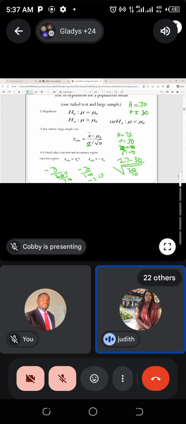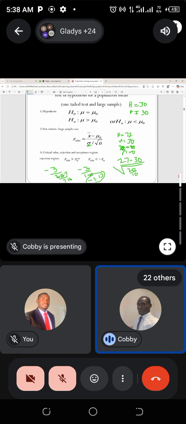So we have to find the test statistic. Is it not a one sample one tailed? No, this one we are using two-tailed. So we find one value. Actually, no, you are right, because this is now the absolute value. In the two-tailed, we find the absolute value.